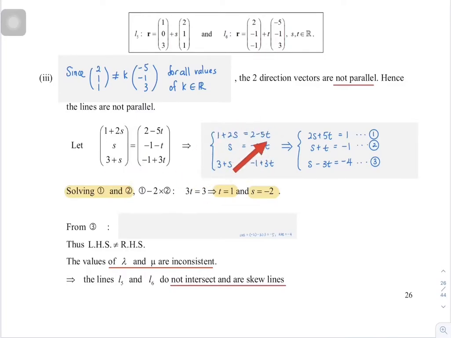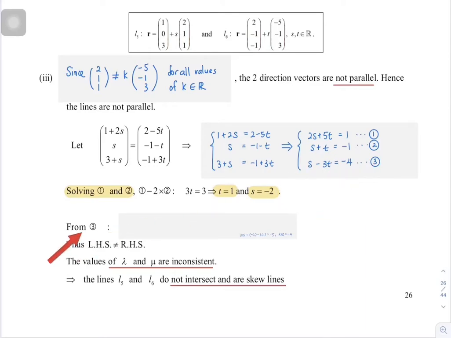Simplifying the set of simultaneous equations into this form and solving equations 1 and 2, we find t equals 1 and s equals negative 2. Now we want to check whether these two values satisfy the third equation.